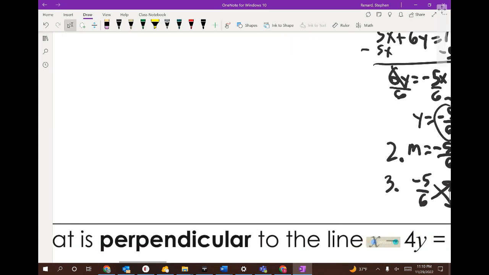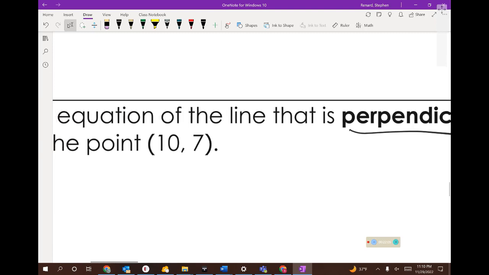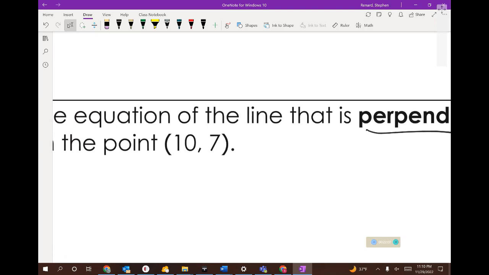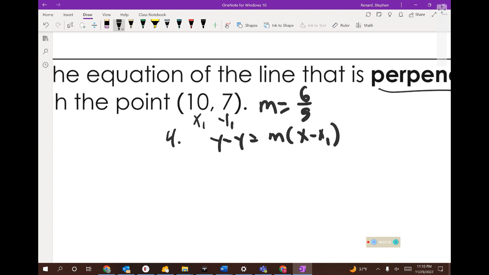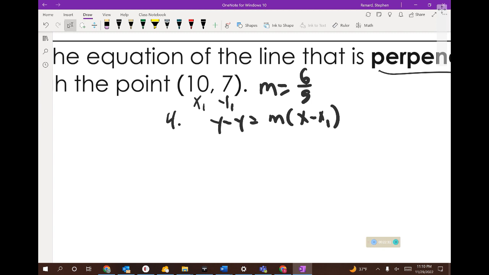So now what we need to do is we need to be more specific. There are an infinite number of lines that are going to be perpendicular to that one. We need the one that goes through this specific point. That's where step 4 comes in. We take the given point, the slope we just found from number 3, and we plug it into point slope form. Sorry, I said slope-intercept, but I mean point slope.